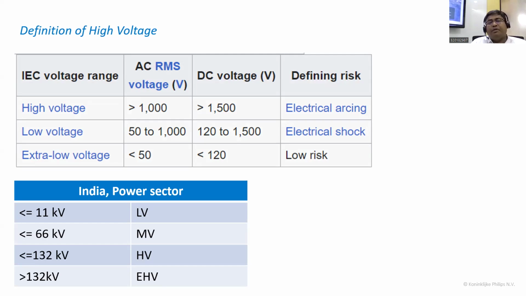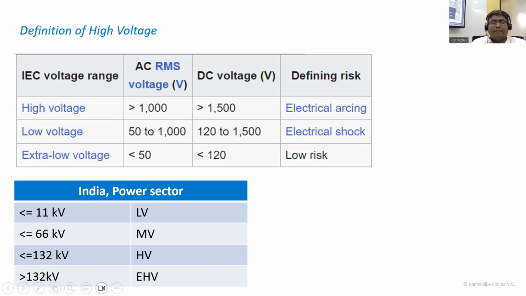If you are in the power sector, the definition is different. In the table below, that's what I learned when I worked in Rekem RPG: these are their definitions of low voltage. 11 kV they considered as low voltage.